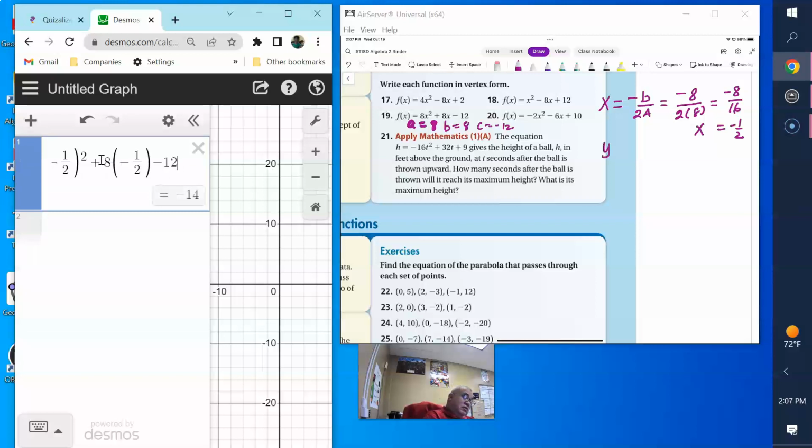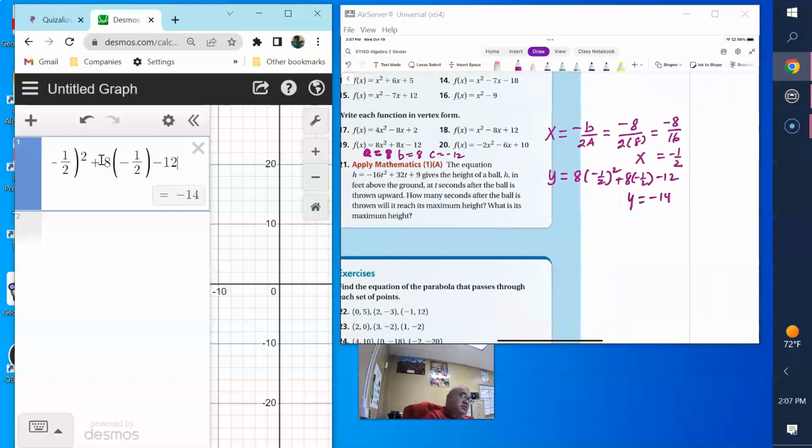So y equals 8 times negative 1/2 squared plus 8 times negative 1/2 minus 12. So y equals negative 14. So what's going to be the vertex? The vertex is negative 1/2 comma negative 14.